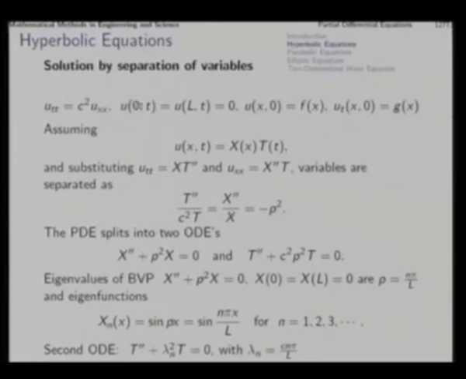Here if we consider the boundary conditions, that is u at x equal to 0 for all t is 0. That means if we put 0 here, then for all t, X of 0 into T of t will turn out to be 0. Now, since we do not expect T of t to be 0 for all t, this part must be 0.